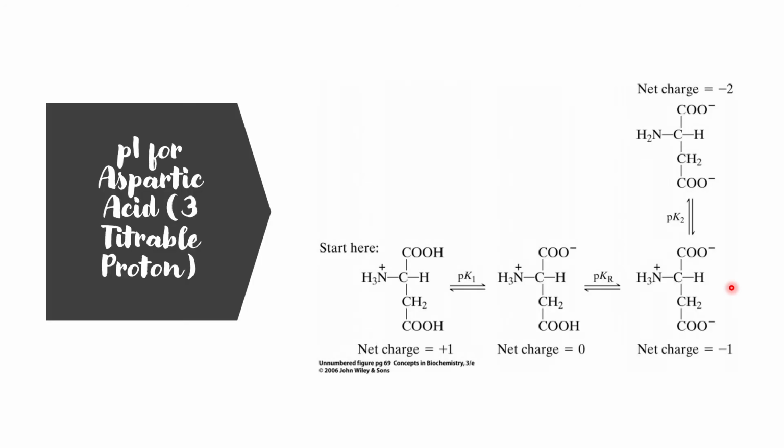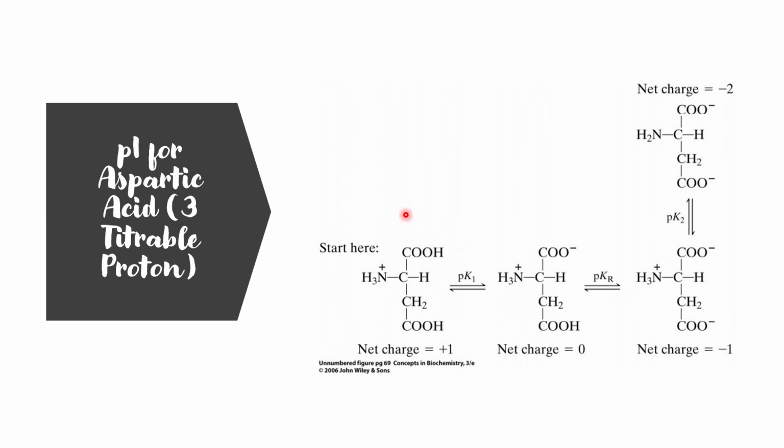So for example, here I have shown the 3 titratable protons. It is our aspartic acid moiety. At low pH it has a net positive charge. As we increase the pH, it loses its proton, and it will have a net zero charge, because the NH3+ and COO- are balancing each other out.